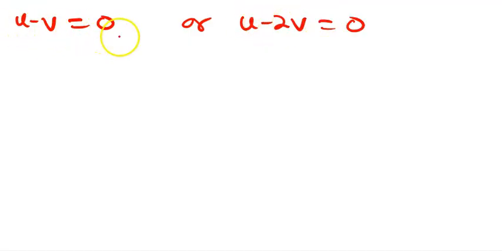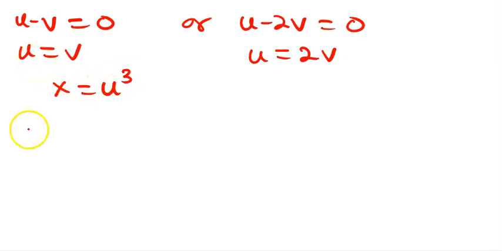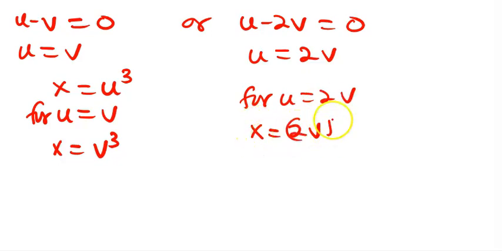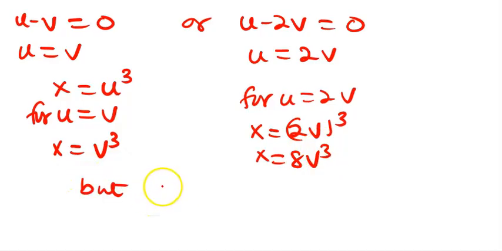Here when u minus v is equal to 0, it implies that u is equal to v. Okay, and we said that x is equal to u cube from the initial substitution. So for u equal to v, we can say that x is equal to v cube. And when we come here, u equal to 2v, we can also say that x is equal to 8v cube. So for the first part, we made a substitution that v cube is equal to 1 minus x, so we come back here and find the value of x.